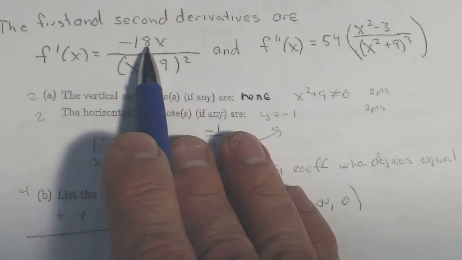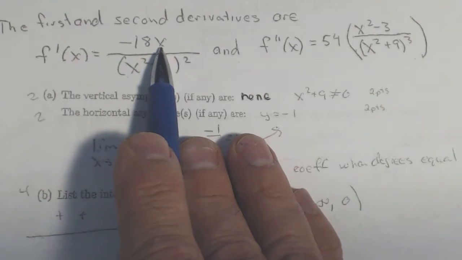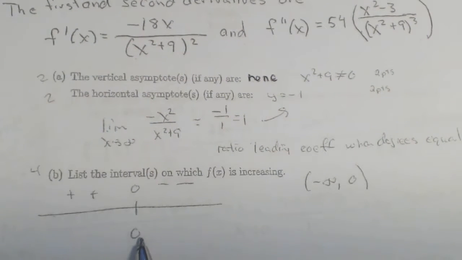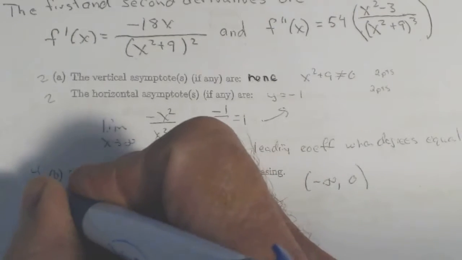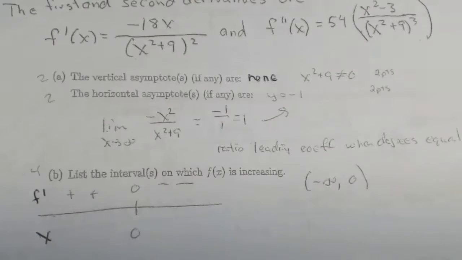So negative 18x could be 0 when x equals 0. That's the only value I needed on my sign chart. At 0, this is x and this is f prime of x. At 0, the first derivative is 0. That tells me that wherever the first derivative is positive, I'm going to have increasing, negative, decreasing.